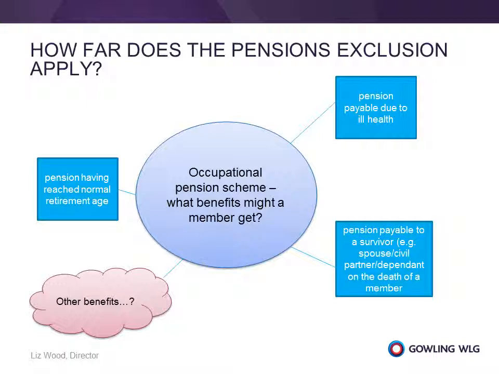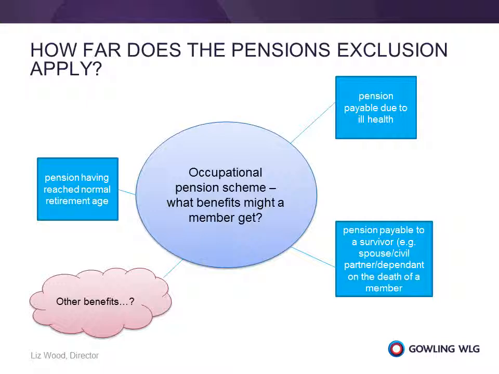But there will be other rights that the pension scheme might provide, and these are the types of rights that might be subject to a TUPE transfer because of the wording of the pensions exclusion found in TUPE, which talks about old age, invalidity and survivors' benefits. So what kind of rights might these be?